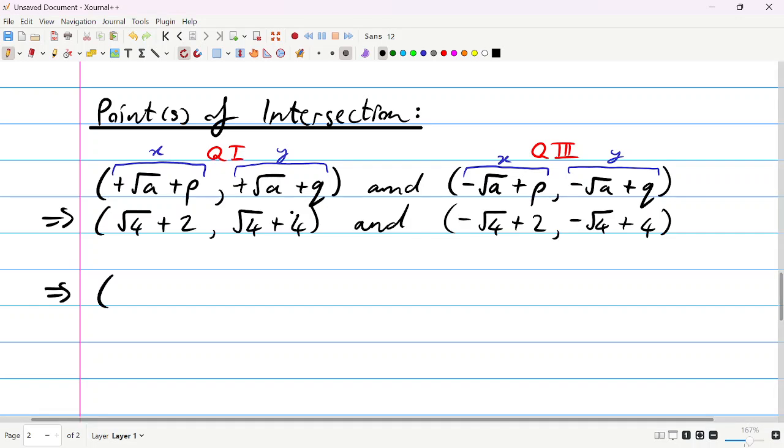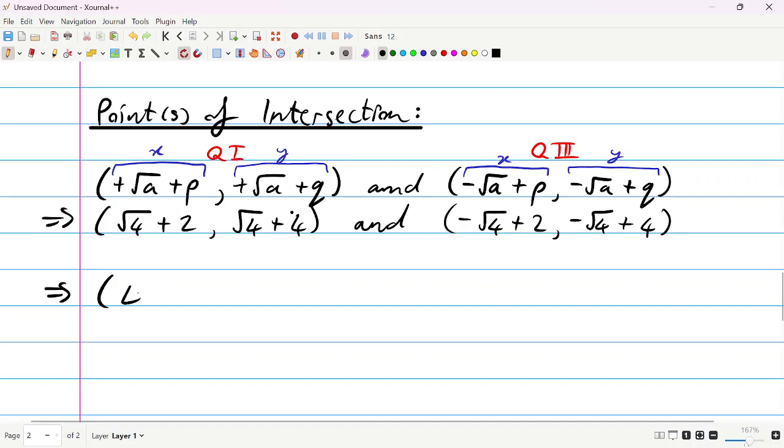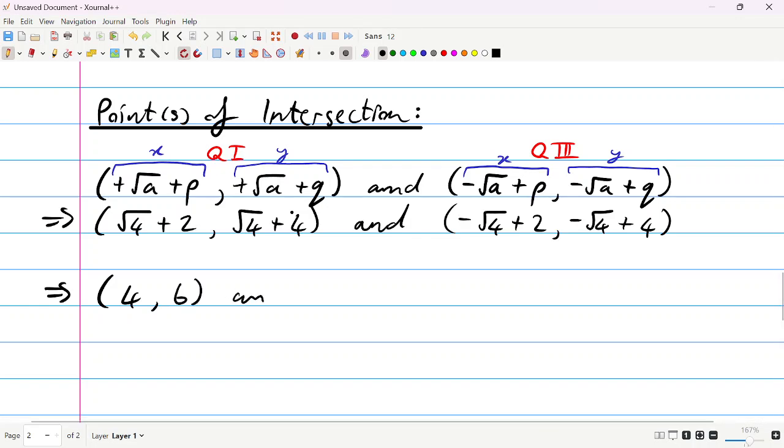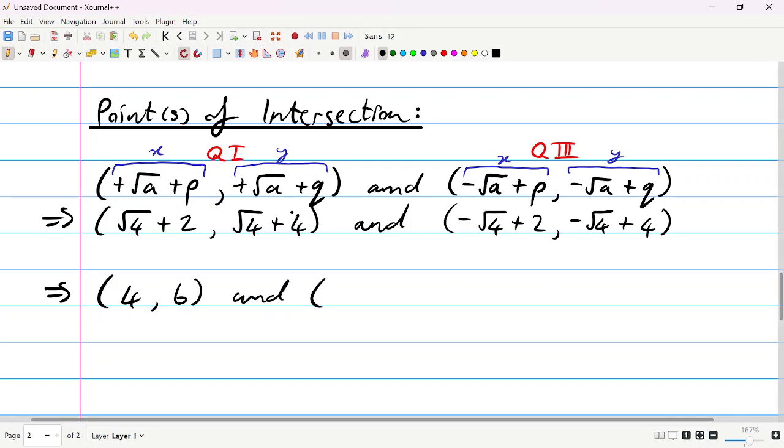So now we have 4, and square root of 4 plus 4 is equal to 6. And we have negative square root of 4, which is negative 2, and negative 2 plus 2 is equal to 0. Negative square root of 4 is negative 2 plus 4, which is equal to 2.